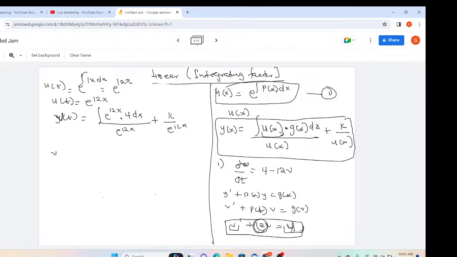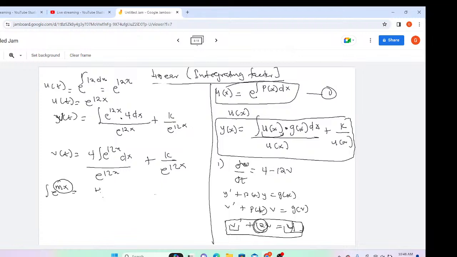Right. So our v of t becomes, now I want to integrate this with respect to x. We can bring our 4 out: 4 times exponential 12x dx, all over e to the 12x, plus k over exponential 12x. When you have the integral of e to the mx, you differentiate what's in the exponent and divide by that.